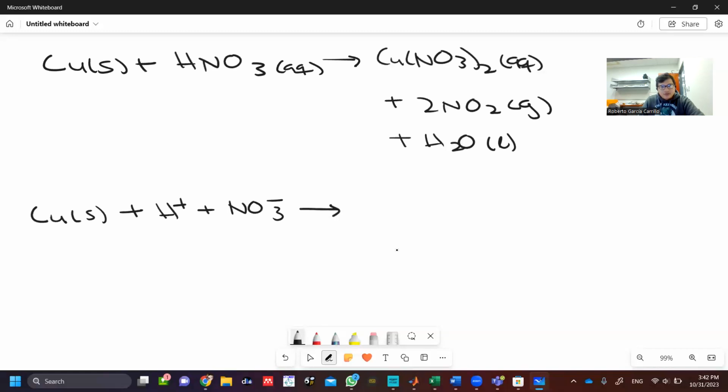And on the other side, you have copper with a 2+ charge, plus 2 nitrate ions, plus, oh sorry, it's only one NO2 gas, and water.